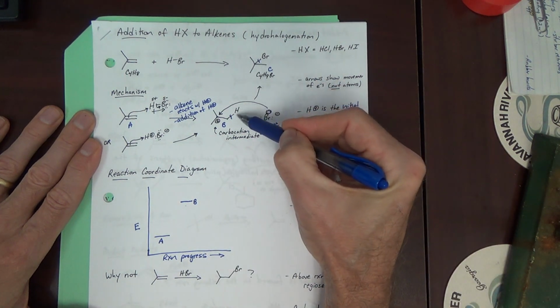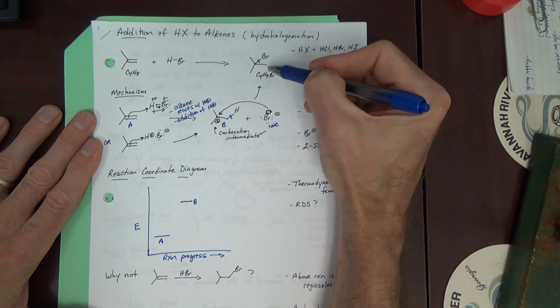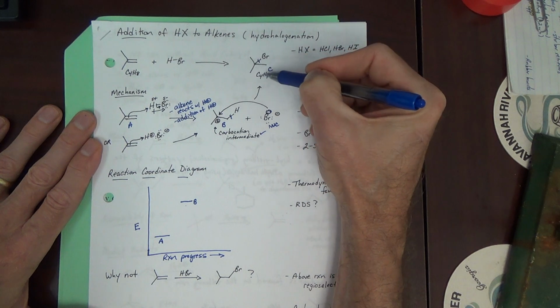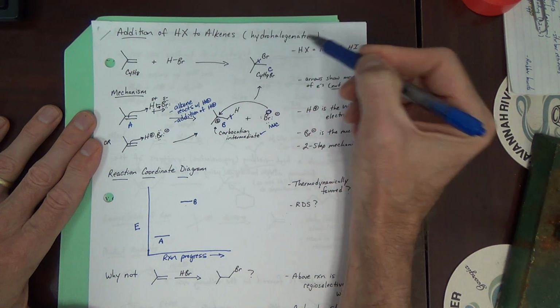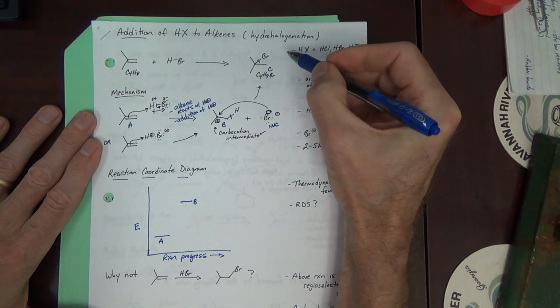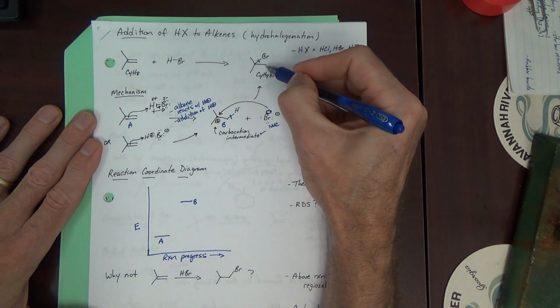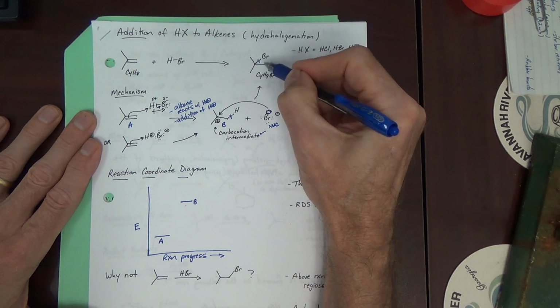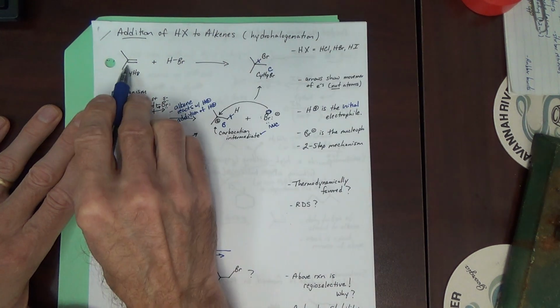I drew that H here just to indicate that we had added the H. I did not draw it here because this is drawn as a typical line bond structure with H's not shown. One of the common problems for beginning organic students is you lose track of where H's have been added or removed because we don't always show them. So we made a CBr bond and a CH bond, two sigma bonds, the pi bond's broken.